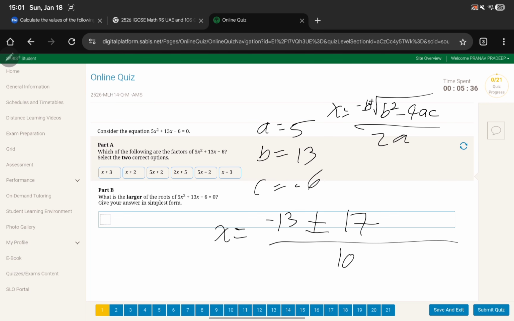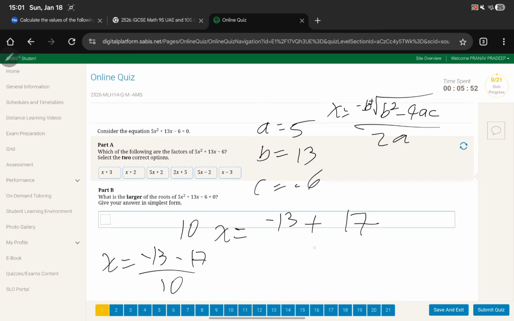Now I just solve. Let's take positive in the first case, and negative in the second case. Here, 10x, with 10 going to the top, equals negative 13 plus 17, which gives you 4.